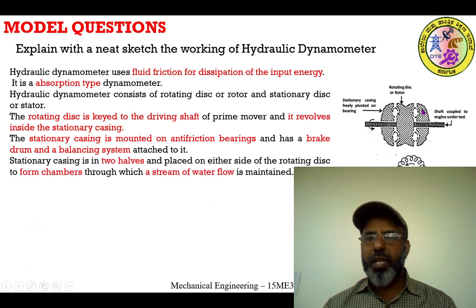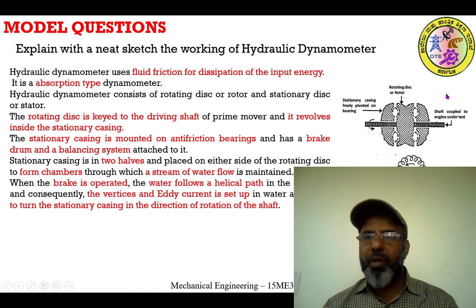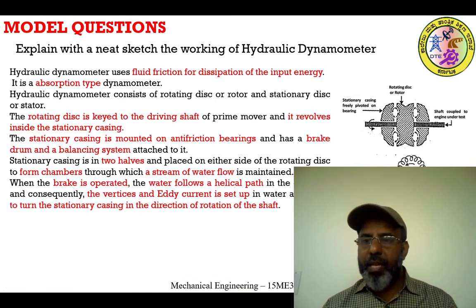Brake drum and balancing system will be attached to the stator. And the stationary casing will be in two halves, and it will be placed on either side of the rotor to form water chambers. These are the water chambers. In this chamber, a stream of water flow is maintained. When we apply the brake, which is attached to the stator, the water in this chamber follows the helical path as shown here.